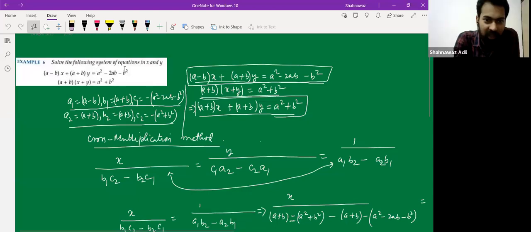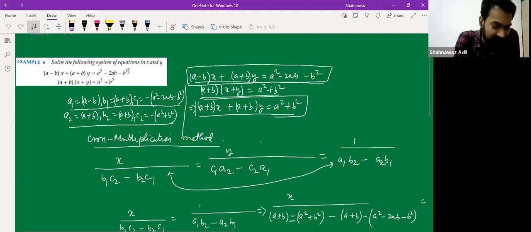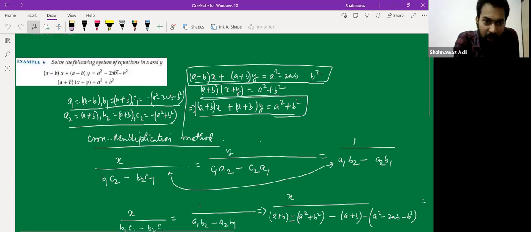The minus b coefficient, right? So yes, 2 days of holiday had made you forget these things, right? Yes. So what is C1? Can you tell me? A square. So this whole number is a constant term.